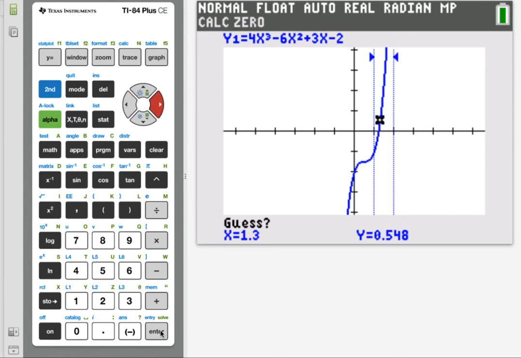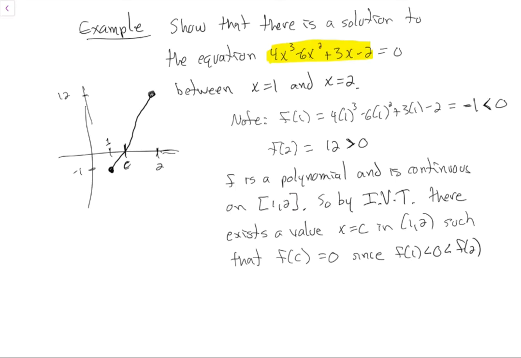Say, yeah, I think the guess is roughly here, and then it finds that 0 for me with really accurate, excellent accuracy to that approximation. When we get into chapter 3 and we talk about derivatives and rates of change, we'll actually learn about Newton's method. It's really cool. Any of you going on to be computer scientists, it's a really simple type of program to calculate. All right, that is everything I wanted to take a look at in this video for this section.